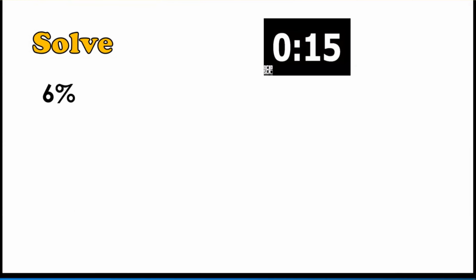So, number 2, we have 6%. So, 6% magiging 6 hundredths or 6 over 100. Then, 6 whole number, move natin yung decimal point to the left.